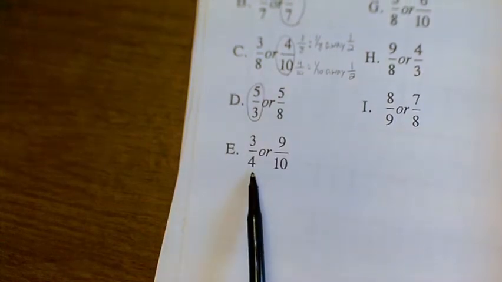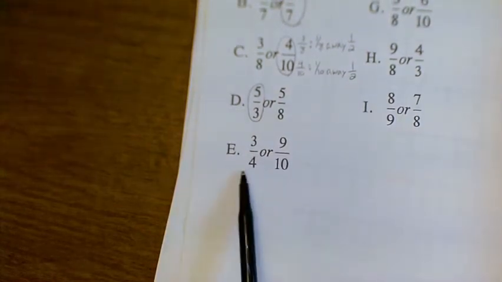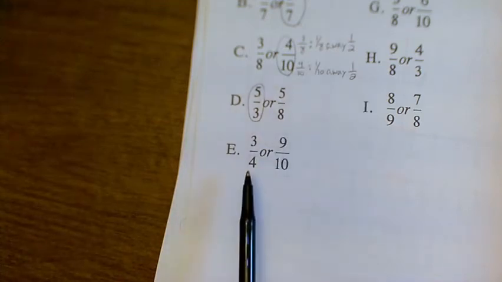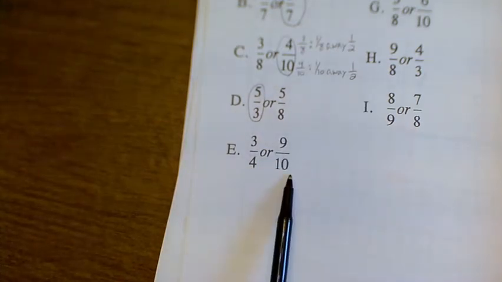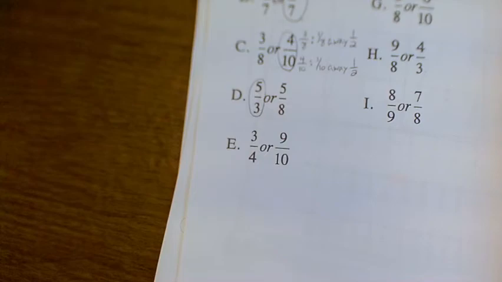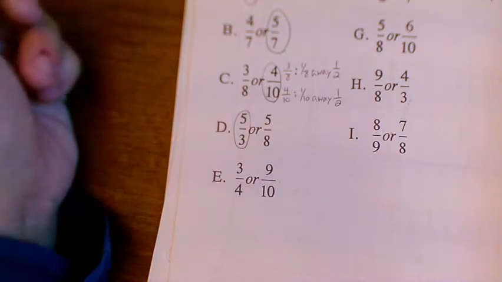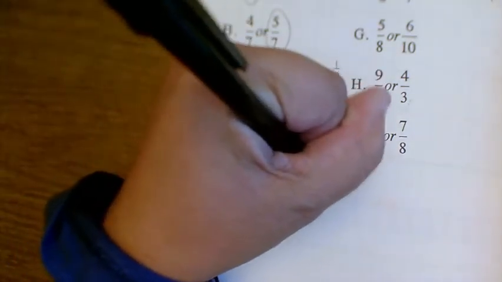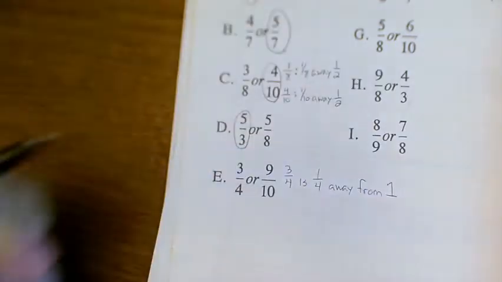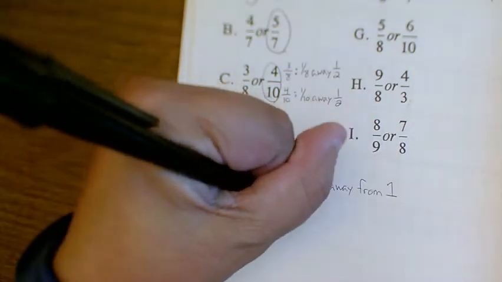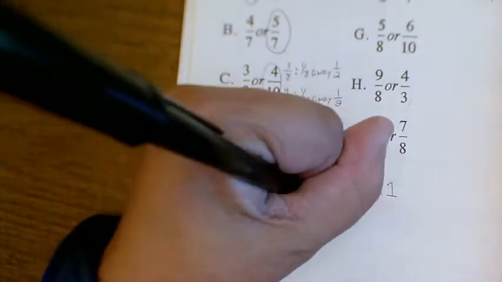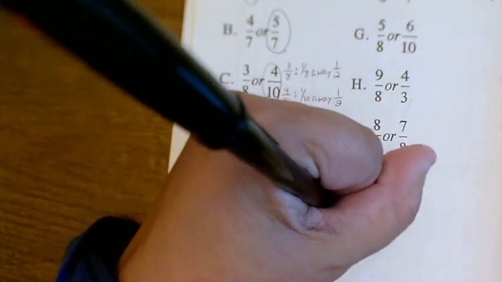E, 3/4 or 9/10. This one is similar to C. This is close to 1, this is close to 1. So we have to think how close we are to 1. 3/4 is how far away from 1? 3/4 is 1/4 away from 1, and then 9/10 is 1/10 away from 1.